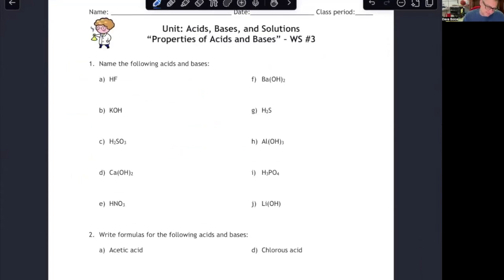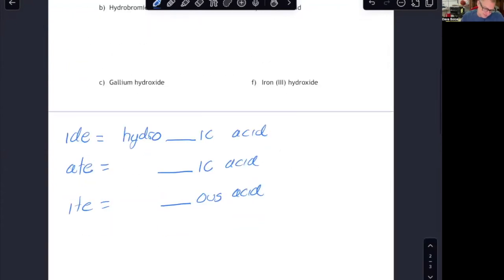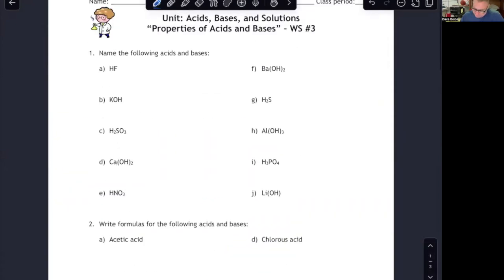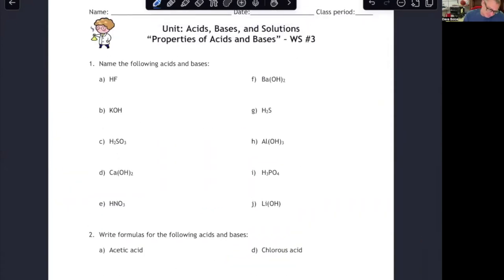So HF, that's hydrogen and fluorine. Those are monoatomics. And so I'm going to plug that into here, hydro-ic acid. And for fluorine, so we're going to do hydro, and then we're going to change, if it was just your old-fashioned ionic compound name, we would call that hydrogen fluoride, but that's not what we're calling this because it's an acid.